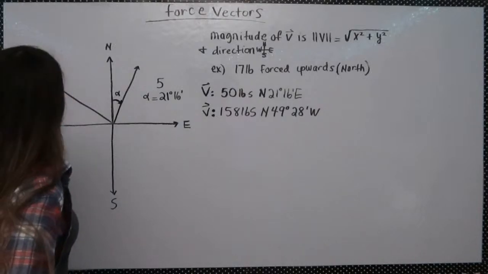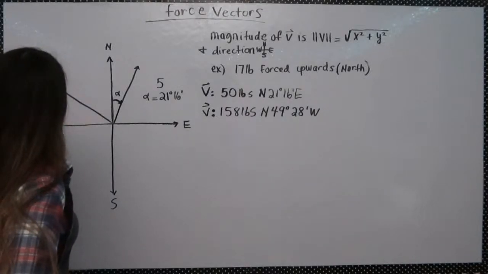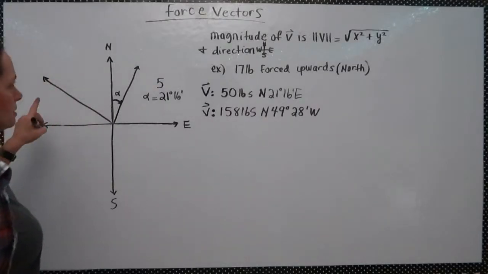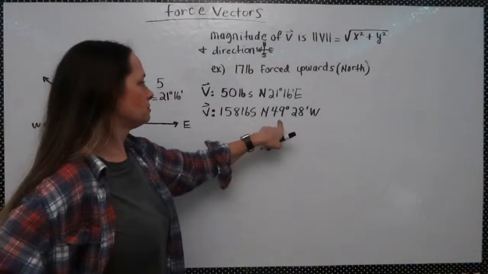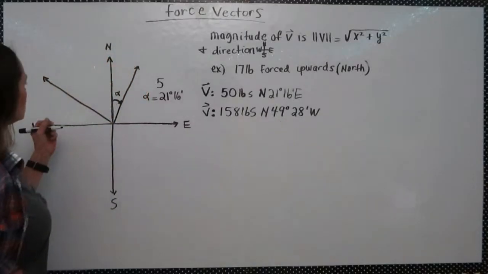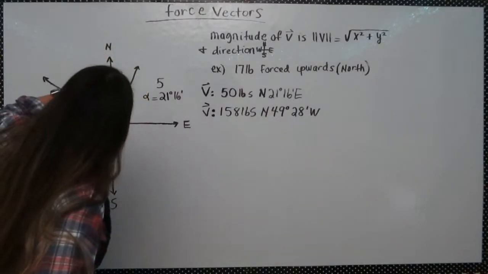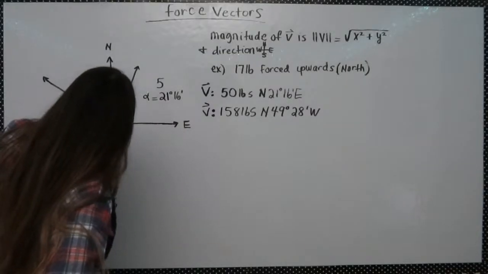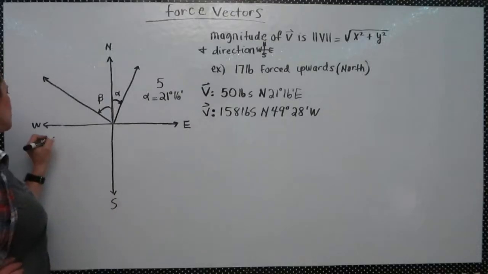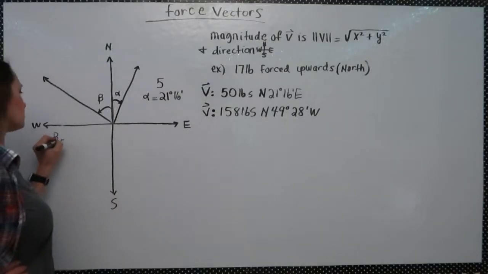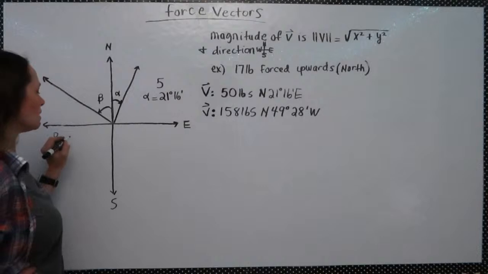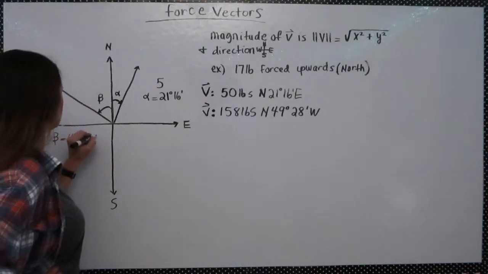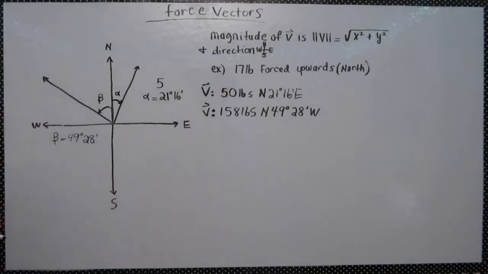So we've got this other vector that's 158, and it's got this direction. We can call that one beta. So beta over here is going to equal 49 degrees and 28 minutes. And we'll just keep an eye on that one.